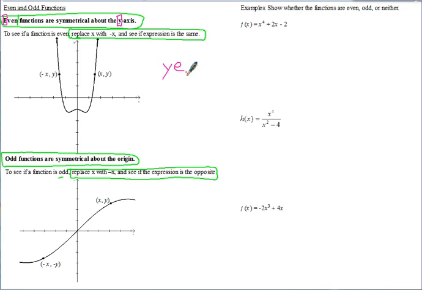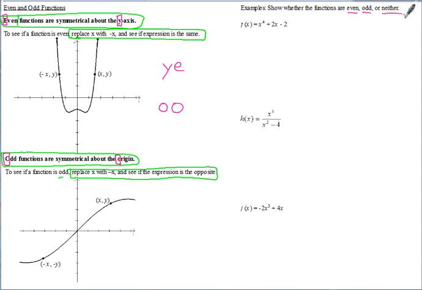And odd and origin, well, that's even simpler. They both start with the letter O. Put those next to each other, ooh, an odd function symmetrical about the origin. So, just an easy way to remember so you don't get those mixed up. I'll show you another way after we do these example problems too, just so you can see why they're called even and odd.